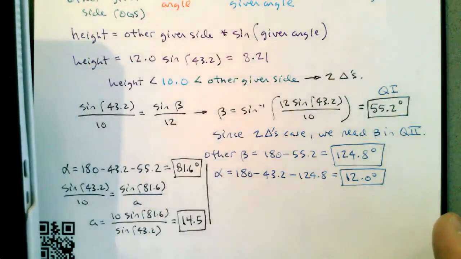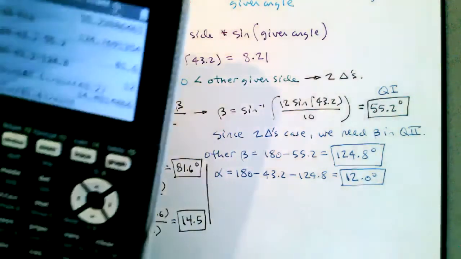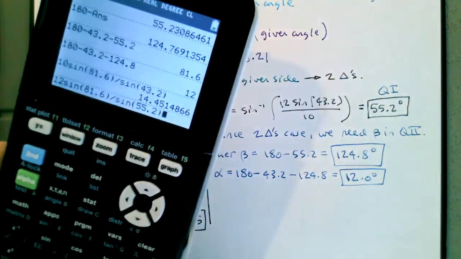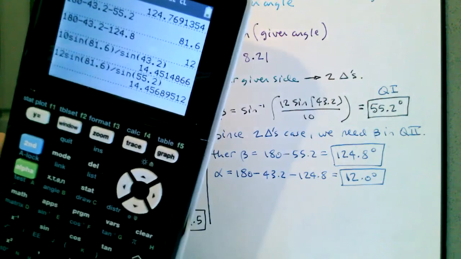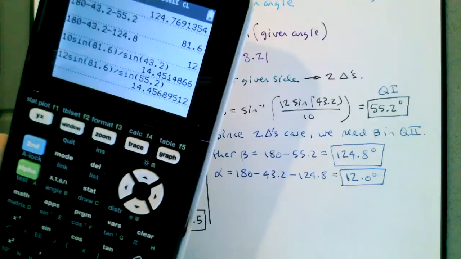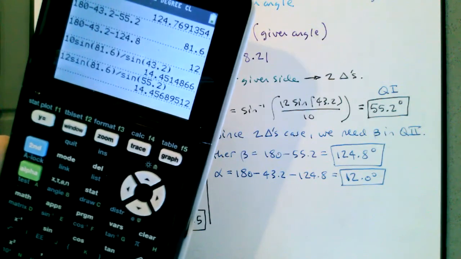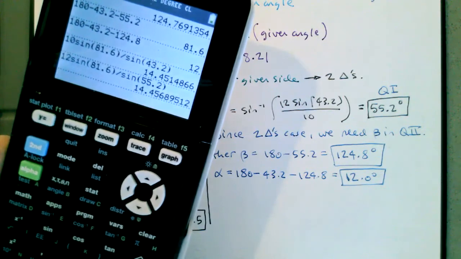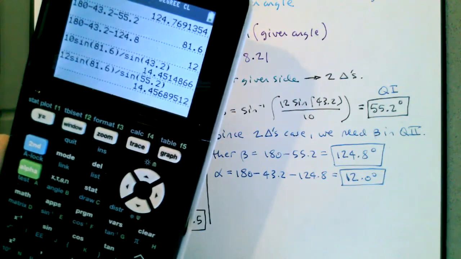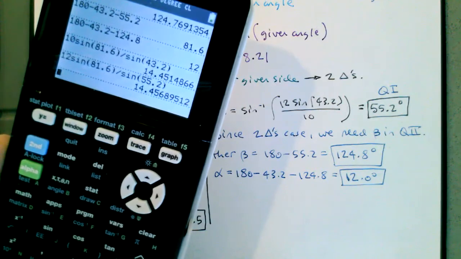So instead of using gamma, we can use beta. And we still get the 14.5. I try to use original information because that's the stuff that's given, and the 55.2 has been rounded off. For the most part, it won't make a difference.